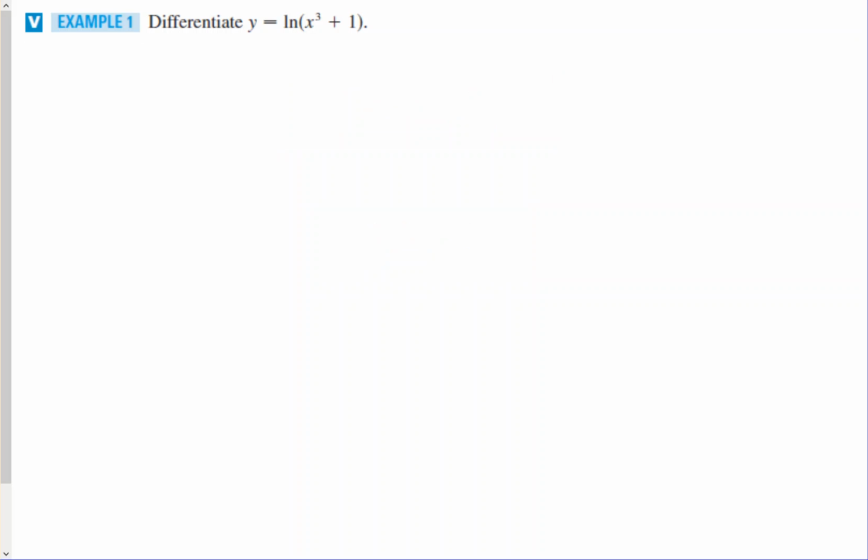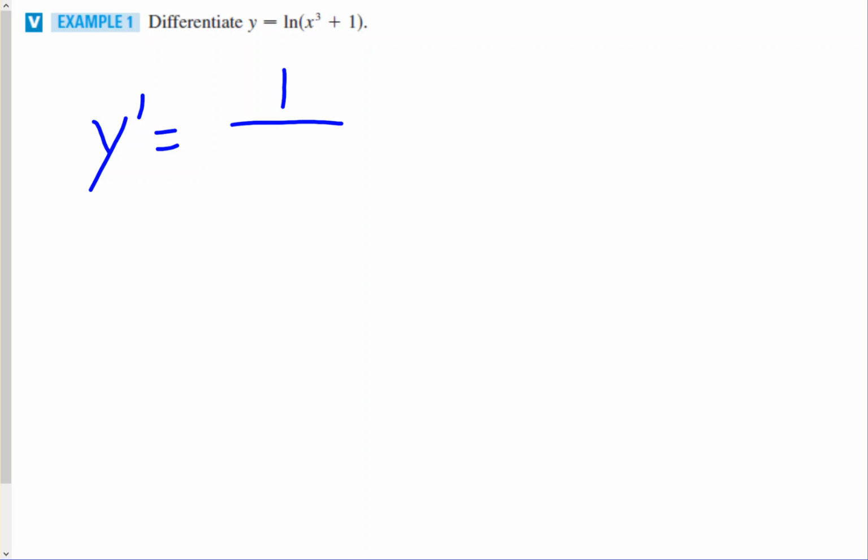So now let's take a look at how we would differentiate a natural log function where the argument is also a function. So here we have to use chain rule. The process would be we would take 1 over our argument.